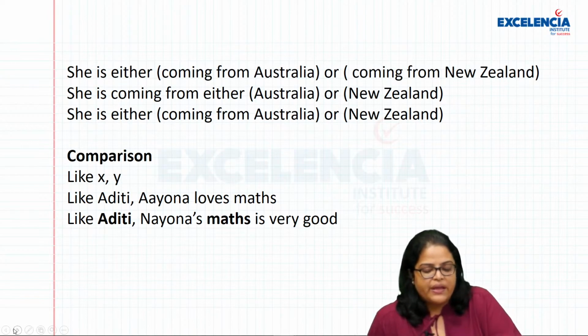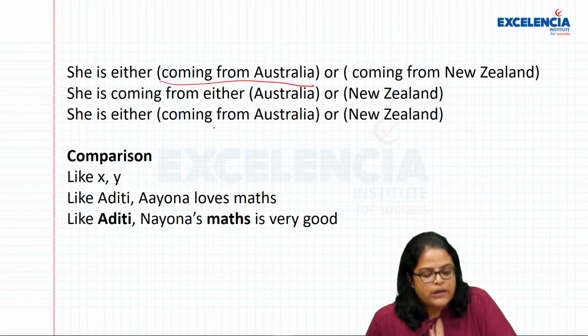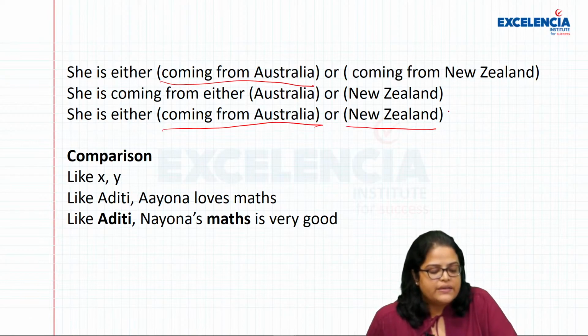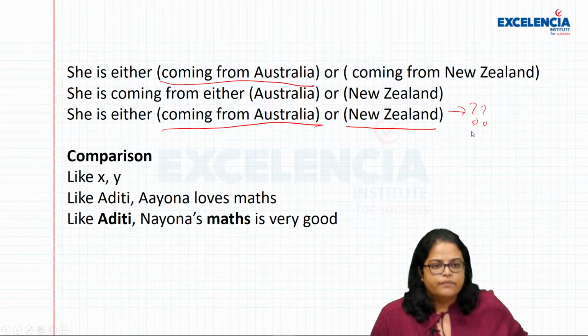So tell me something, if I say, suppose this third sentence, she's either coming from Australia or New Zealand. Is this right or wrong? Madhumita, can you tell me, she's either coming from Australia or New Zealand.